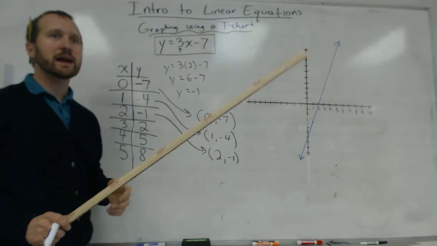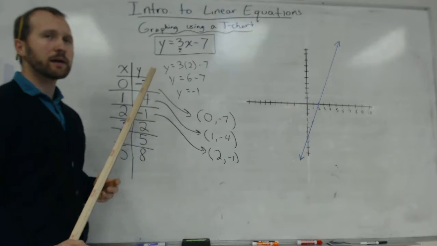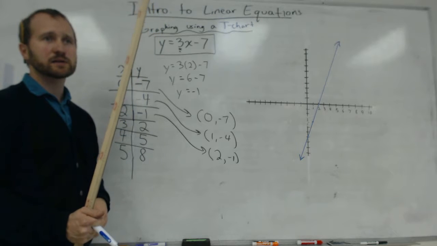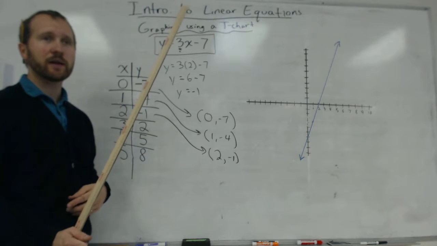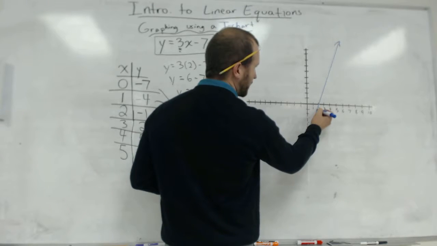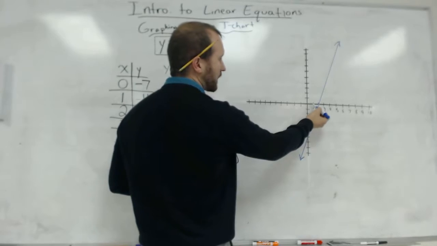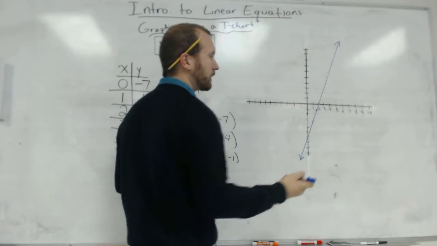The other thing I want to say, we've been picking whole numbers for x and y. We've been getting whole numbers, which is good because it's easy to graph them. But this is also a solution, right here. This point right here might be x equals 1.9.